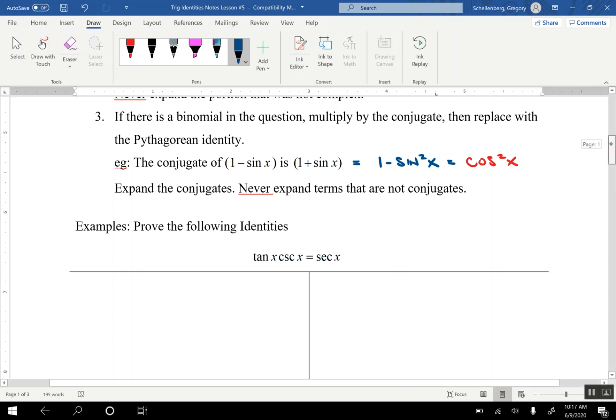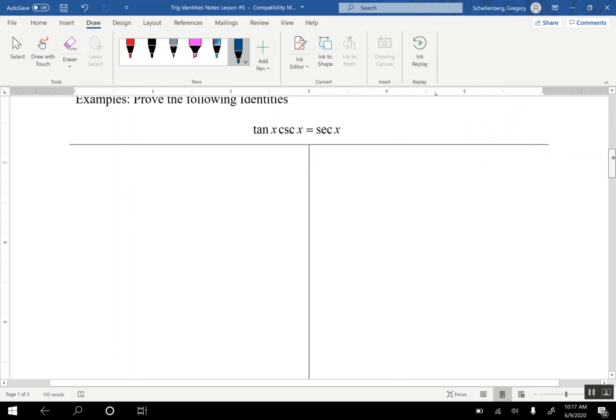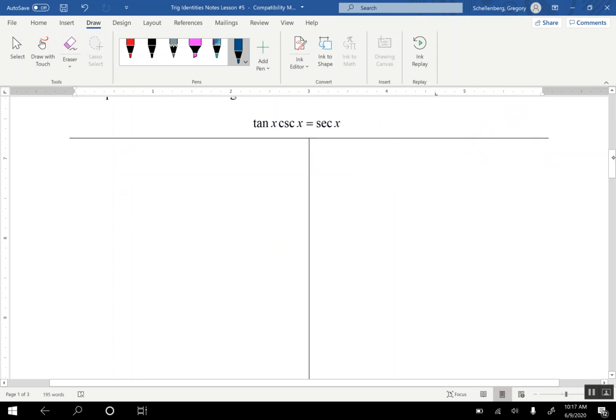Okay, so let's dive into one of these. And the first thing that we will keep in mind is we want to work with the more complicated looking side. Okay, so the left-hand side to me here is a little bit more complicated. So from here, what I'm going to do is I'm going to rewrite everything in terms of sines and cosines. So we've got tan x times cosecant x. I'm going to rewrite tan x as sine x over cos x.